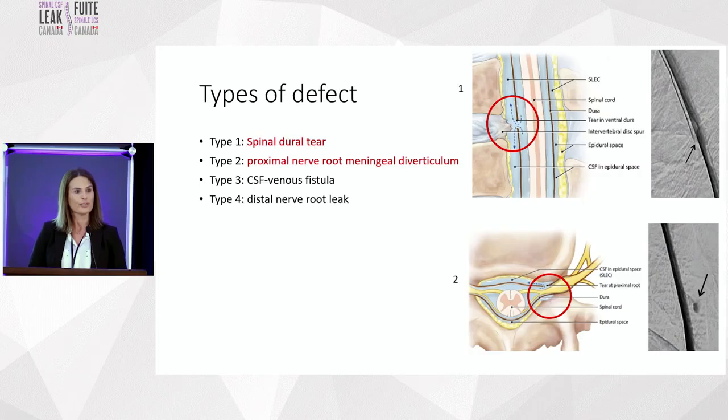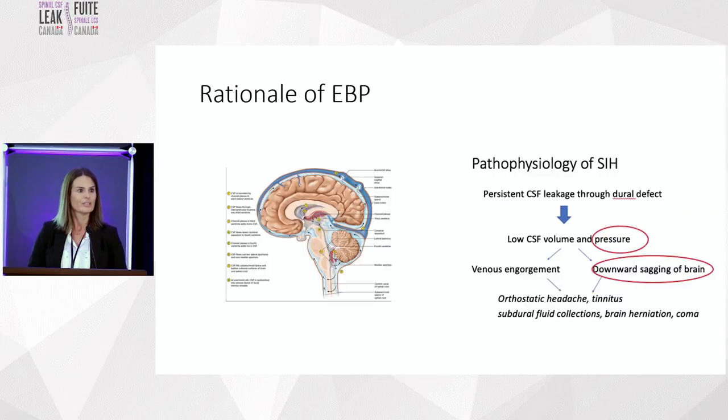Epidural blood patches are mostly offered for type 1 and type 2 leaks, so the spinal dural tears or meningeal diverticulums, but also sometimes for CSF venous fistulas as well. The rationale of the epidural blood patch is twofold. As you know by now, patients present with orthostatic headaches and associated symptoms due to decreased CSF volume and pressure that creates downward sagging of the brain.